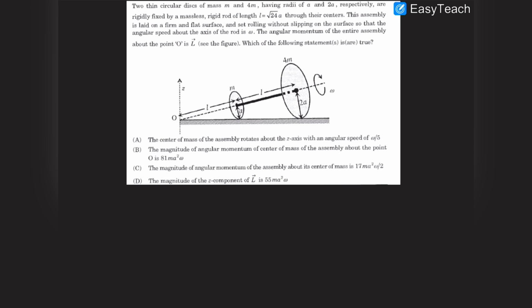You can see this is an assembly of two discs connected with a rod. This disk has mass m and radius a, and this one has mass 4m and radius 2a. It is spinning about this axis with angular velocity omega, and this is L and this is I. We have to choose the correct options.